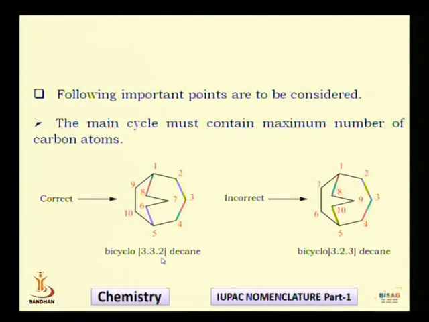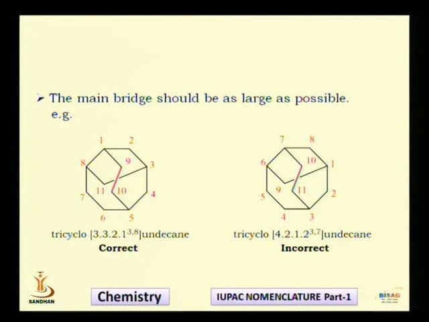Let us have more. There is a second guideline, that the main bridge should be as large as possible. Suppose I number the system like this, then this is the principal bridge. The principal bridge has 2 carbon atoms, and this is a subsidiary bridge, which has 1 carbon atom. So I should have a higher number of atoms on the principal bridge. Suppose I do numbering in another way.